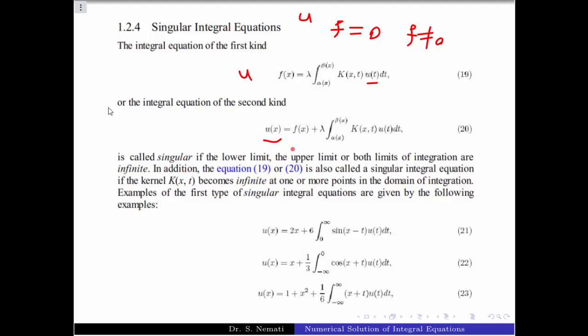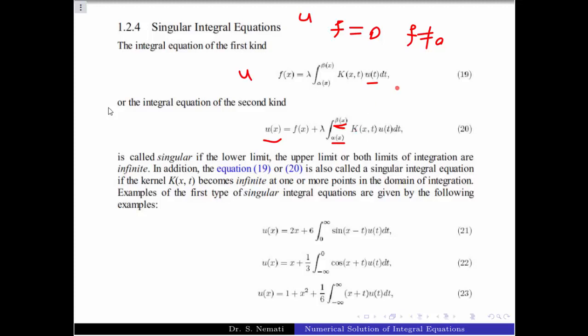We call these two integral equations singular if we have one of these situations. The first one is that the lower limit, for example, alpha, or the upper limit, beta, or both of these limits of integration are infinite.